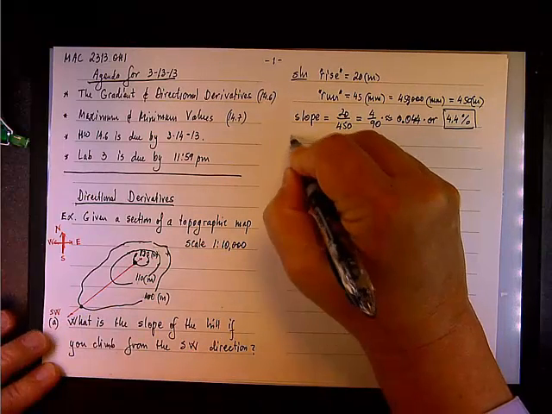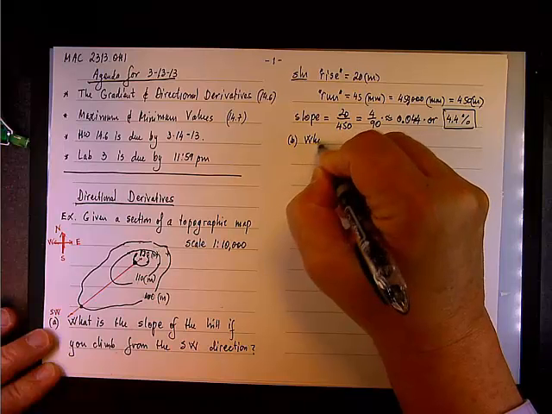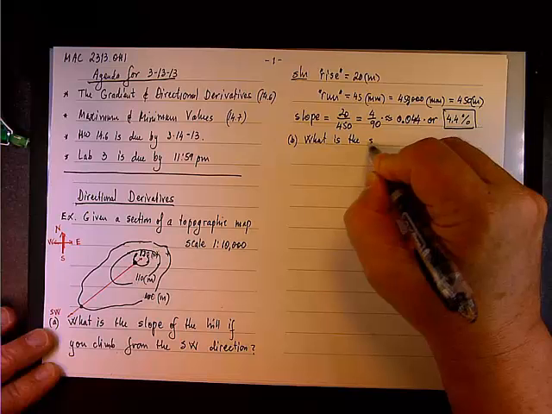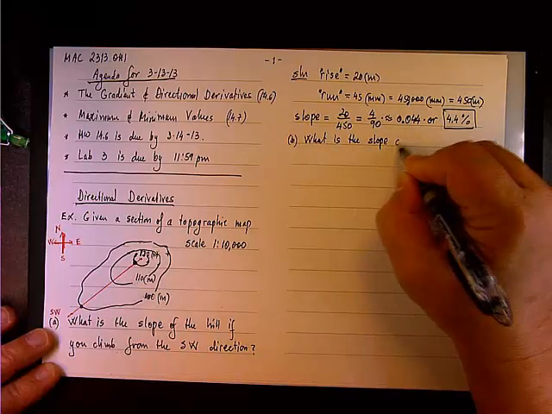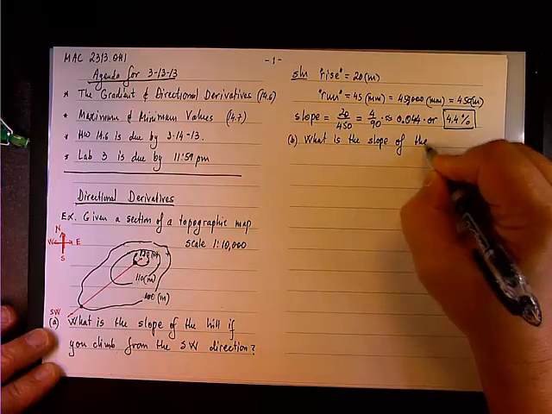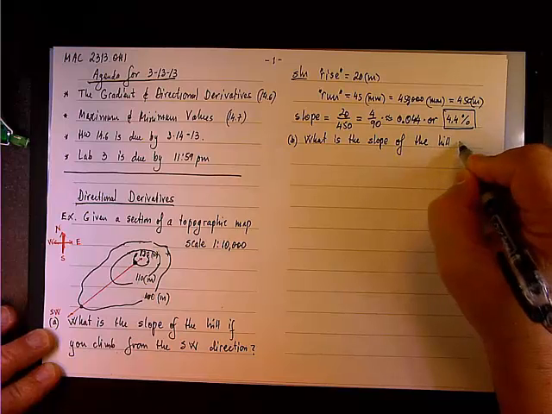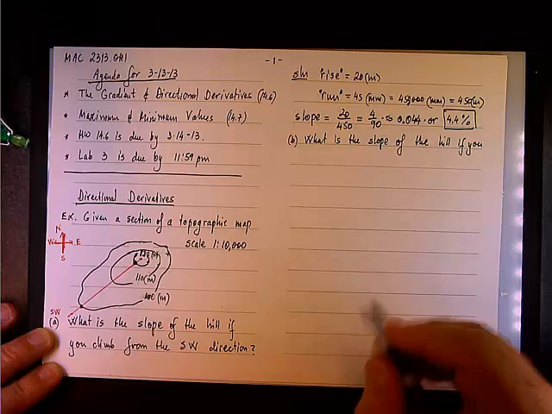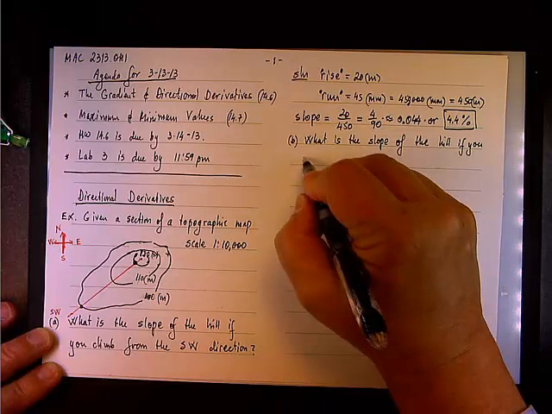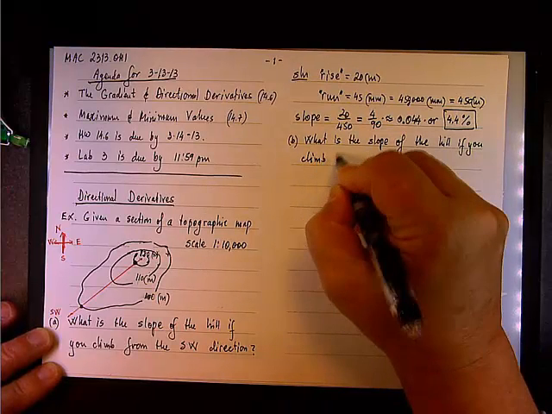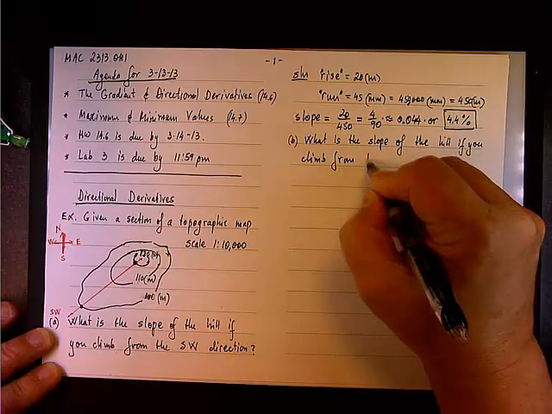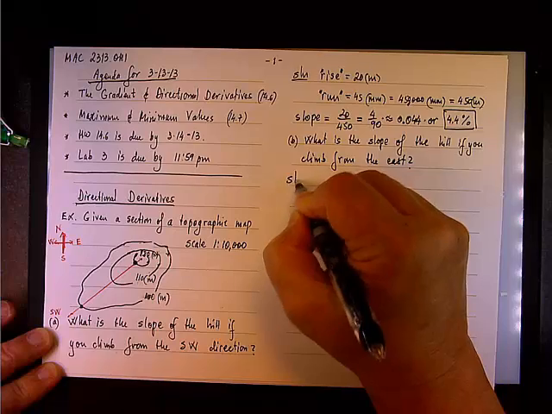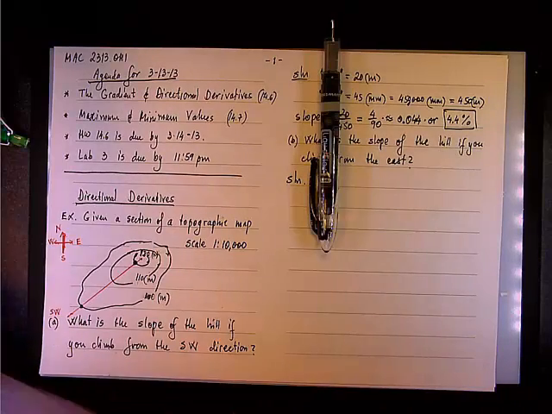Okay, so let's actually do it. Let's put A here and B. What is the slope of the hill if you climb from the east?